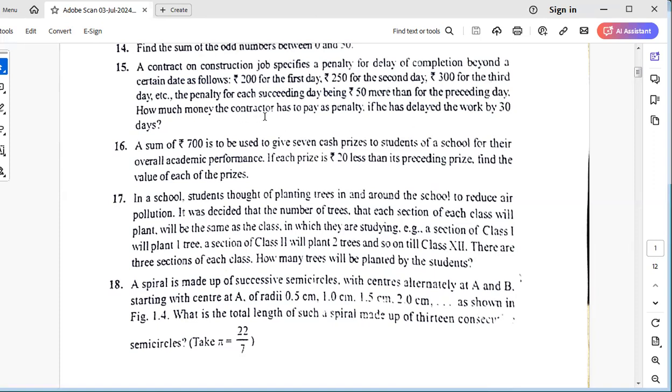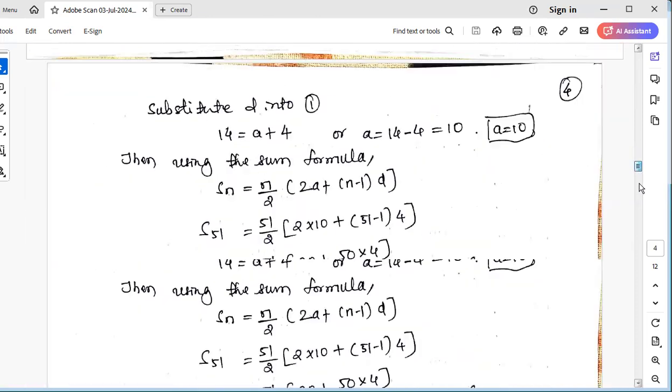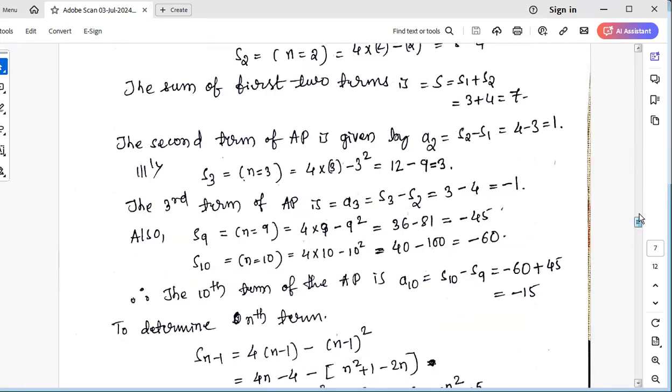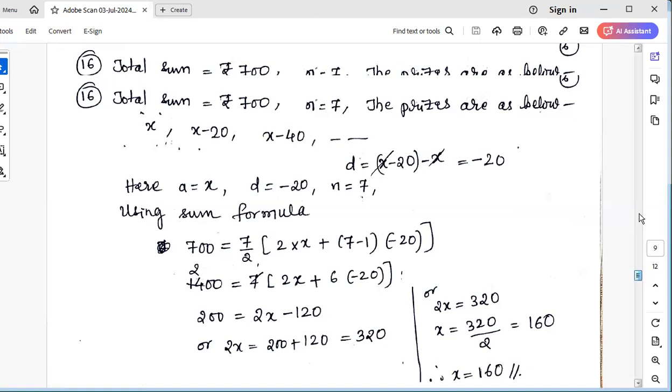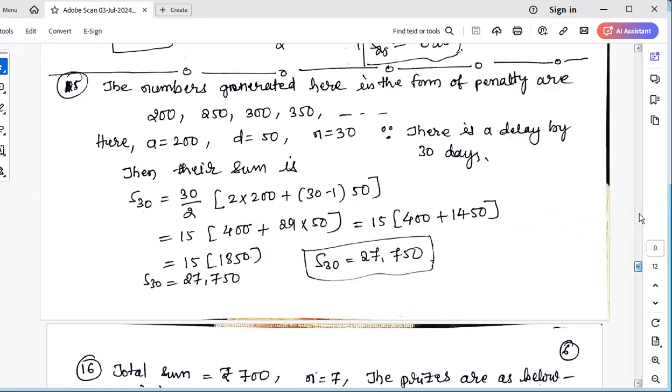How much money does the contractor have to pay as a penalty if he has delayed the work by 30 days? So that is the problem. So this is the 15th problem in this exercise. So its solution is like this.